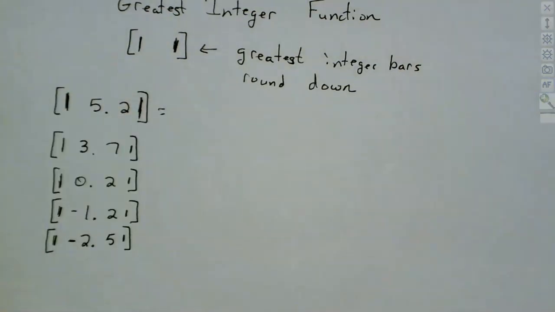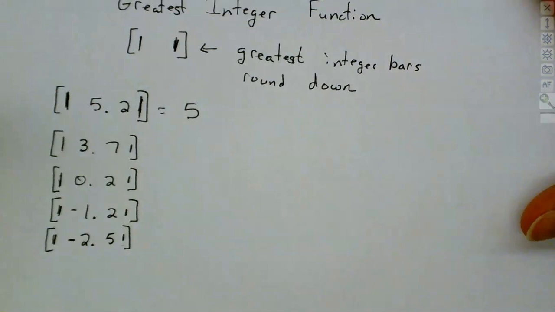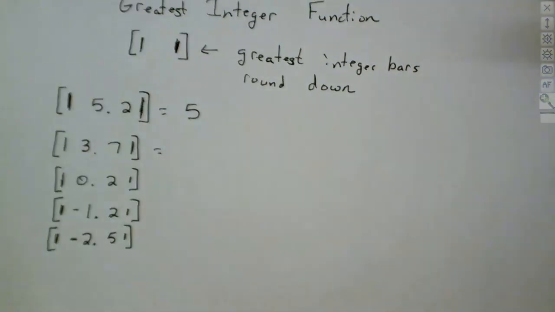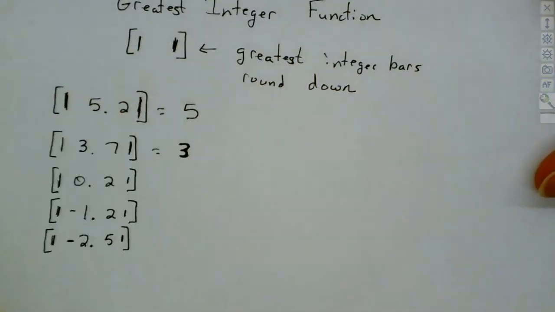Okay, so the greatest integer makes it round down. So 5.2, that's going to make it go down to 5. 3.7, it has to go down to the next integer, so 3.7 would go down to what? 3.